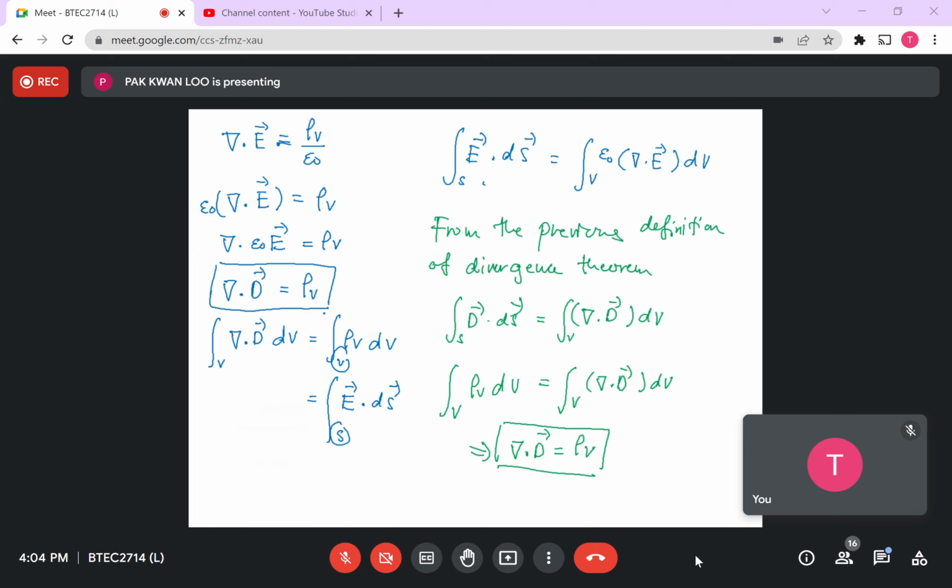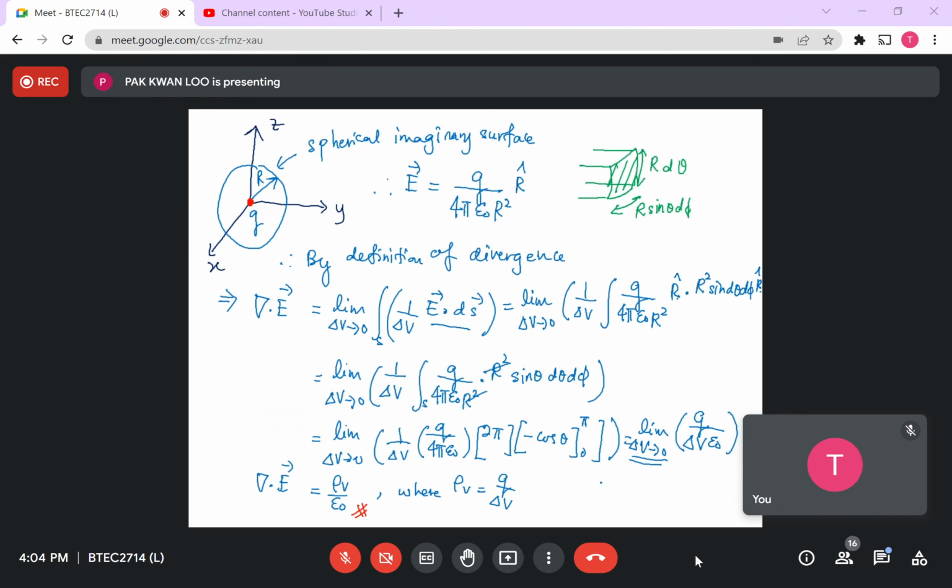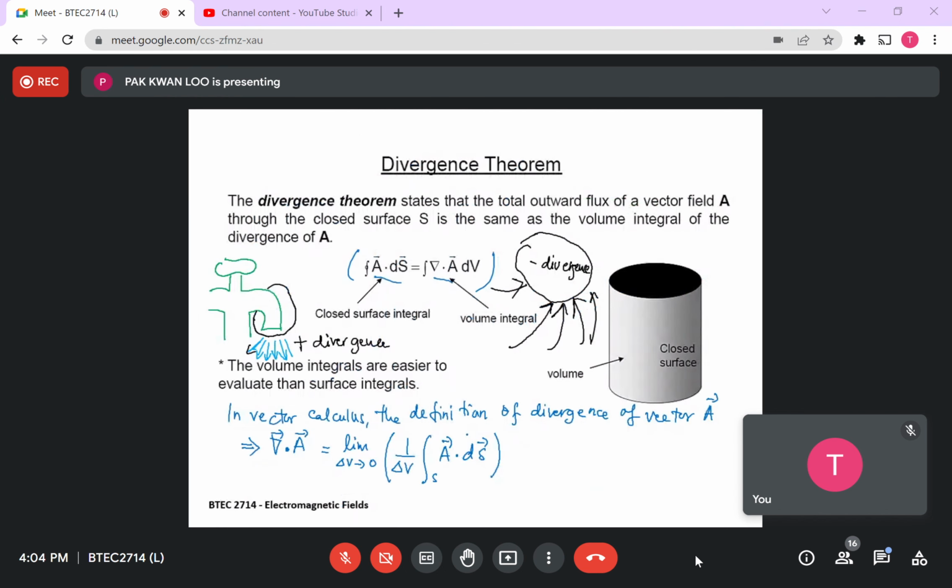From the theorem, we establish the point form. The angle I'm coming from is the definition of divergence. So don't mix up the definition of divergence and the divergence theorem.